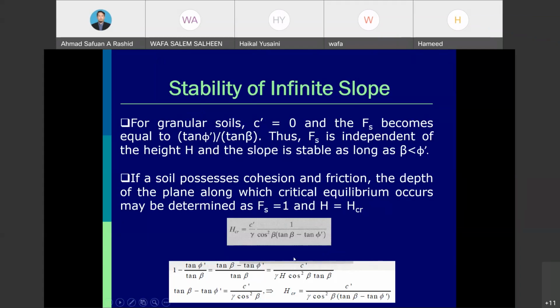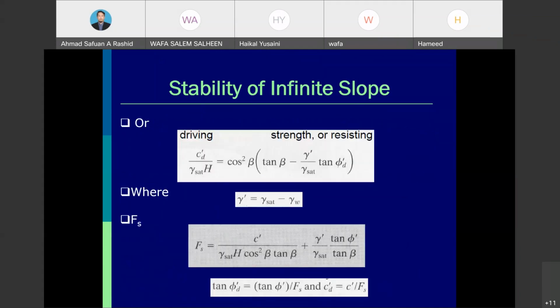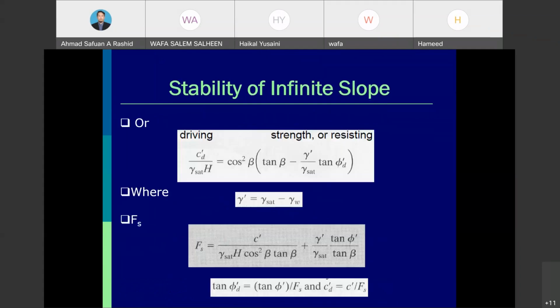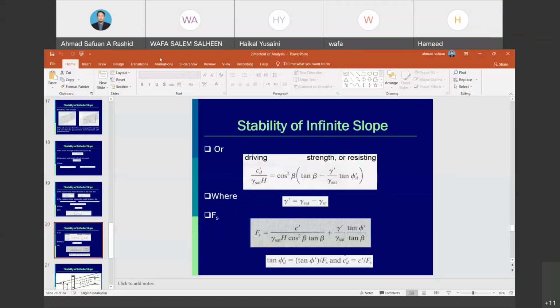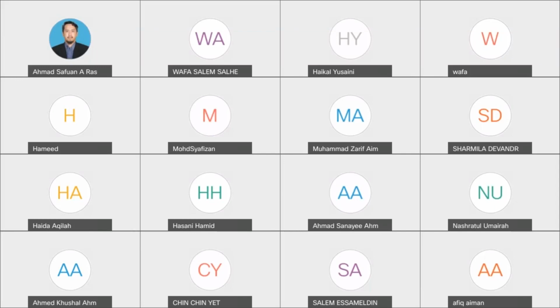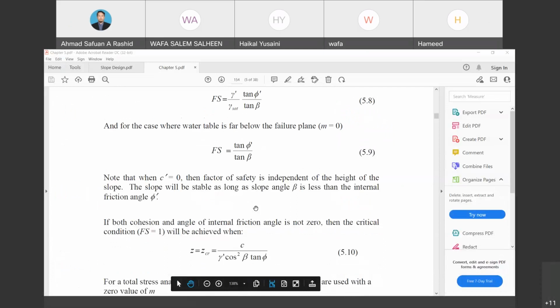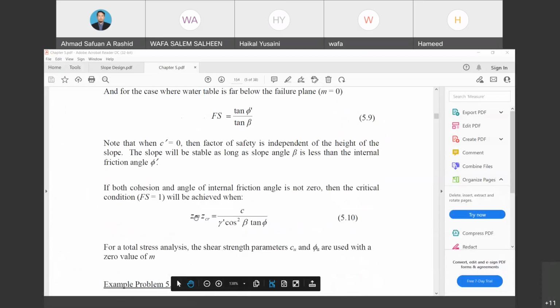So this equation is suitable when the groundwater is far from the surface. There is another equation from Dr. Noli's reference, which I have not discussed in this slide, for when the groundwater level is on the slope surface, so then we can get the value for the HCR. This equation is only for when the groundwater level is on the surface.